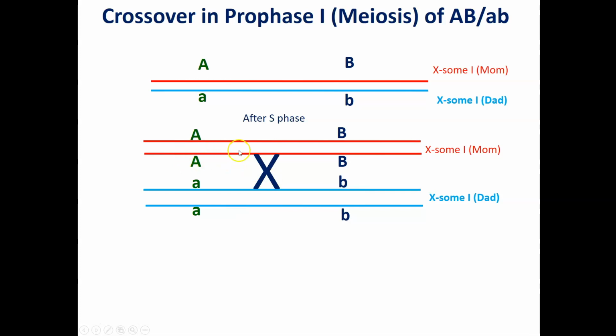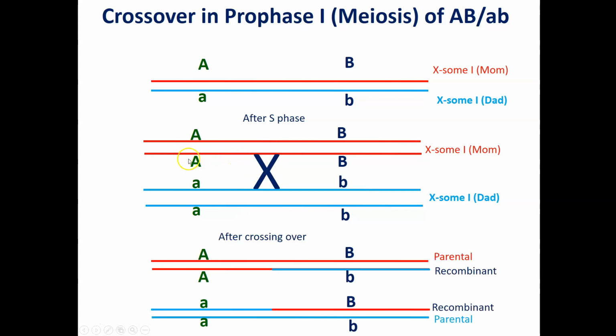So again, at regions of homology, we're going to have a crossing over event that can take place. And such that what we generate here is, for this chromosome, we have big A from mom, it crosses over, and then it's going to pick up this portion of the chromosome from dad. And so we call this our recombinant, and this still looks like that initial chromosome from mom. So this would be looking like mom, the parental strand. This would be a recombinant.